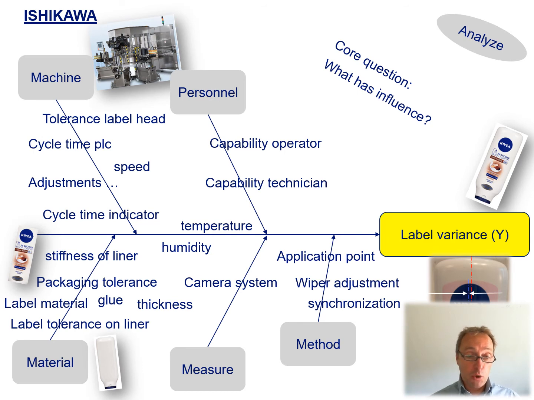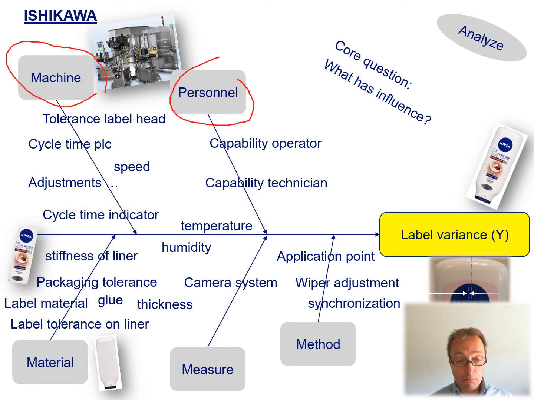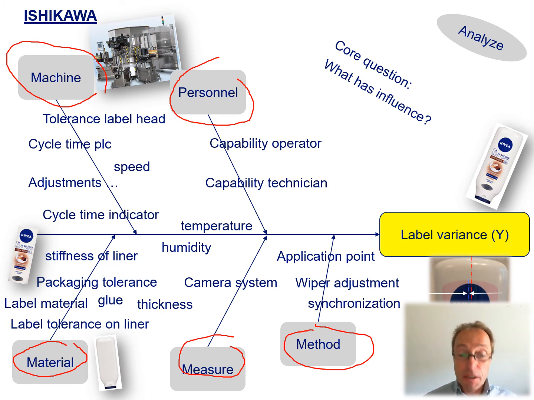So we could now divide the process in machine, people, material, measurement, methods. And here are the inputs, and the output, the y at the end, is our label variance, and this we want to improve. So the question is, what has now influence?